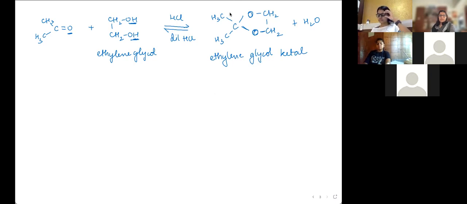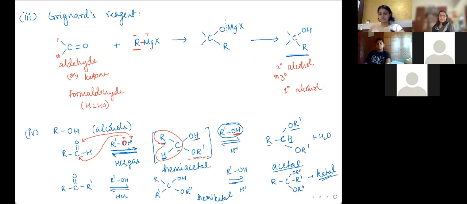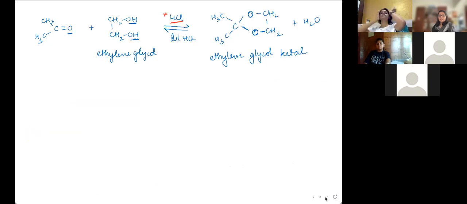So in this set of reactions, the significance of this dry HCl, like why do we specify that it's HCl gas or dry HCl, is because the dry HCl is the one that protonates this oxygen. That is the one initiating the reaction. That H turns this part into an OH and then takes the reaction forward.